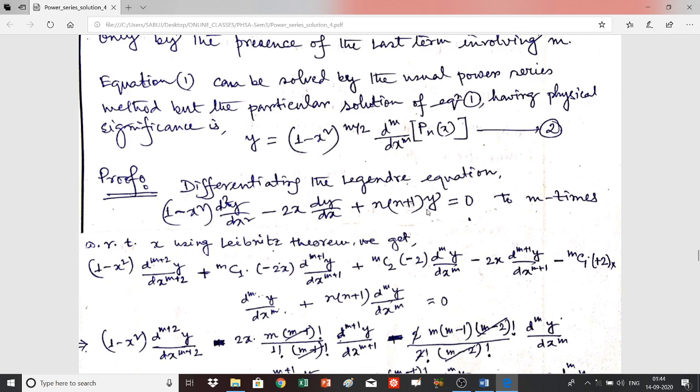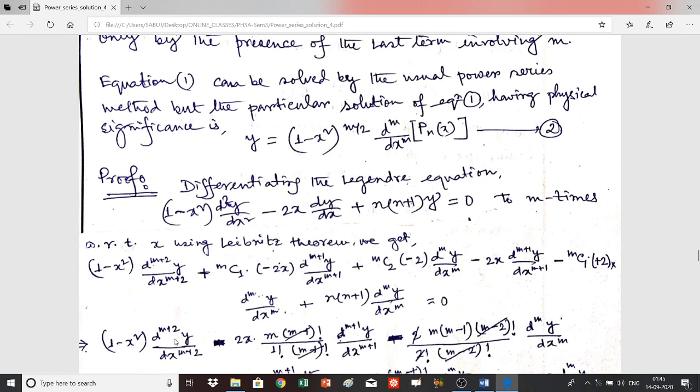So first of all, for the first term, you take 1 minus x squared as constant, and differentiate y m times. Already second order differentiation is there, and you now have to perform m times differentiation.